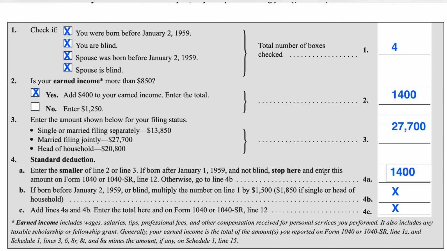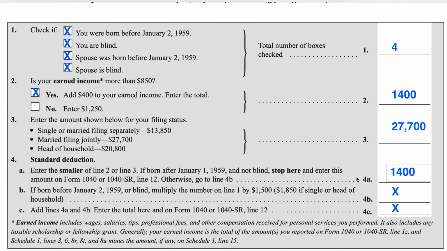We'll walk through this as if we need to just keep going. So if you were born before January 2nd, 1959, or blind, then you'll multiply the line 1 number by 1,500.